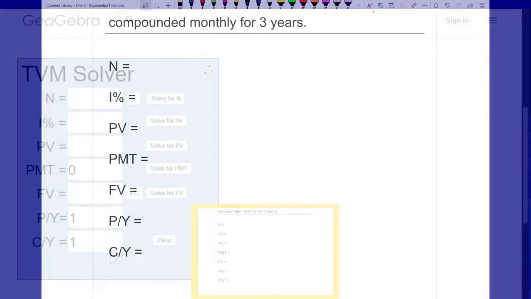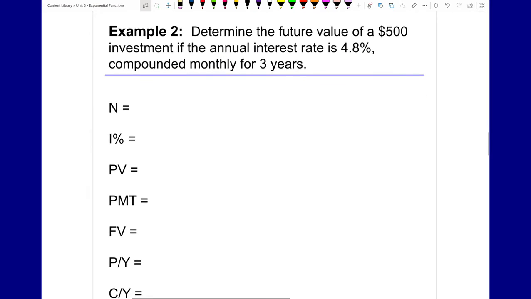So if we go back to our scenario, N is the total number of periods or the total number of payments. In this case, because it's compounded monthly for 3 years, our N value is 3 years times 12 months a year equals 36.